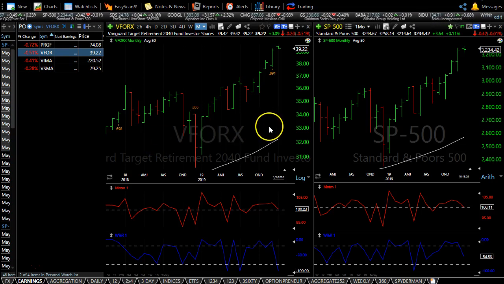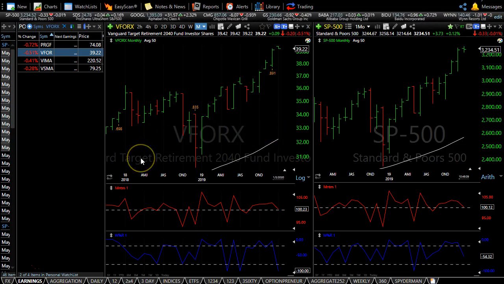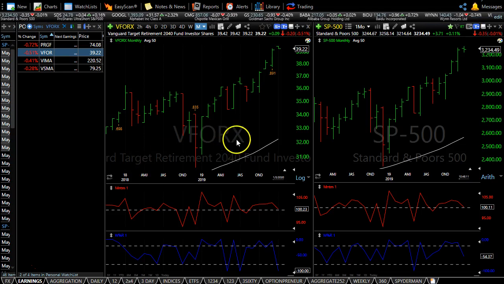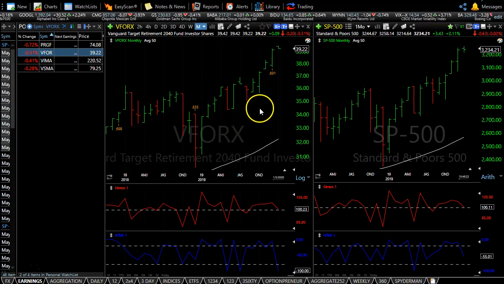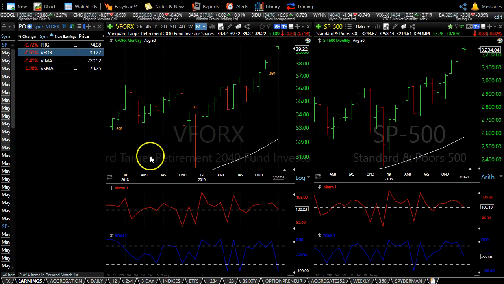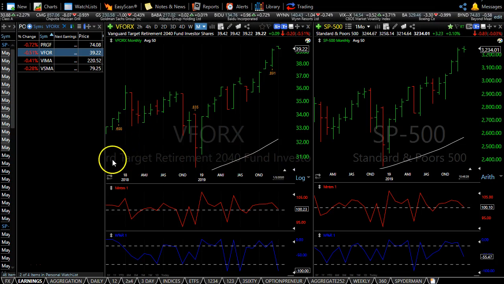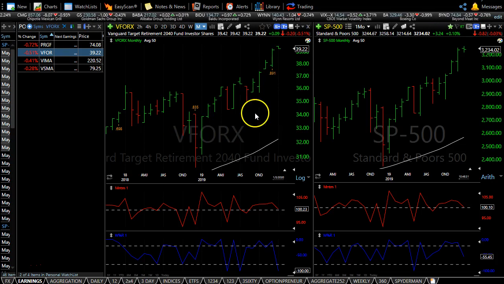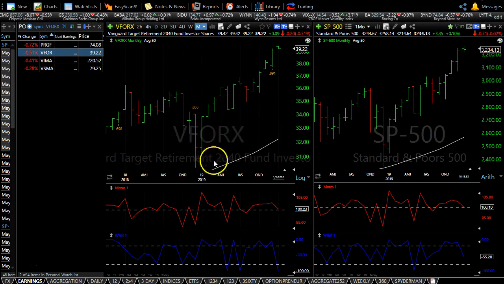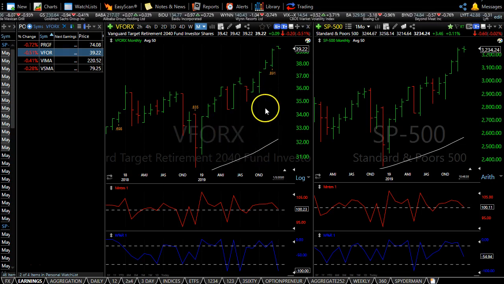Today, what I want to do is show you a picture of what your mutual funds may look like. Whatever type of fund that you're in at your job, I want to give you a picture of what it looks like. This is a Target Retirement 2040 fund. I believe it's with Vanguard, and this is around my retirement age, 2040.